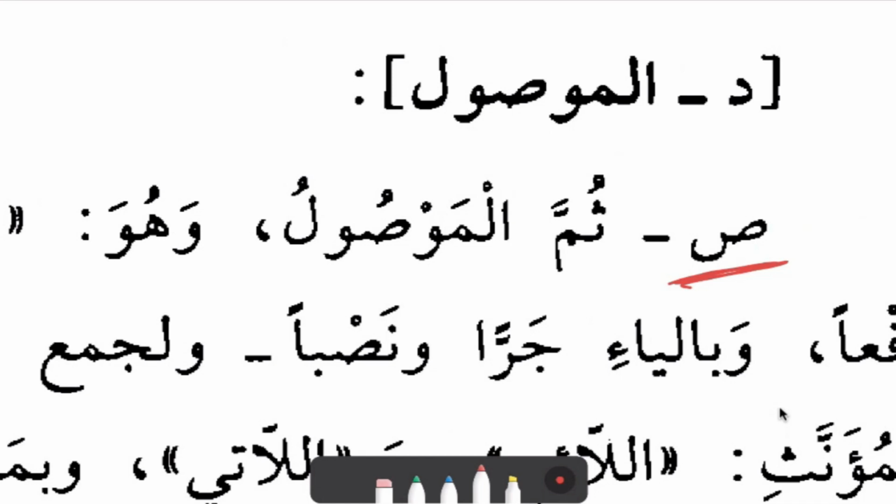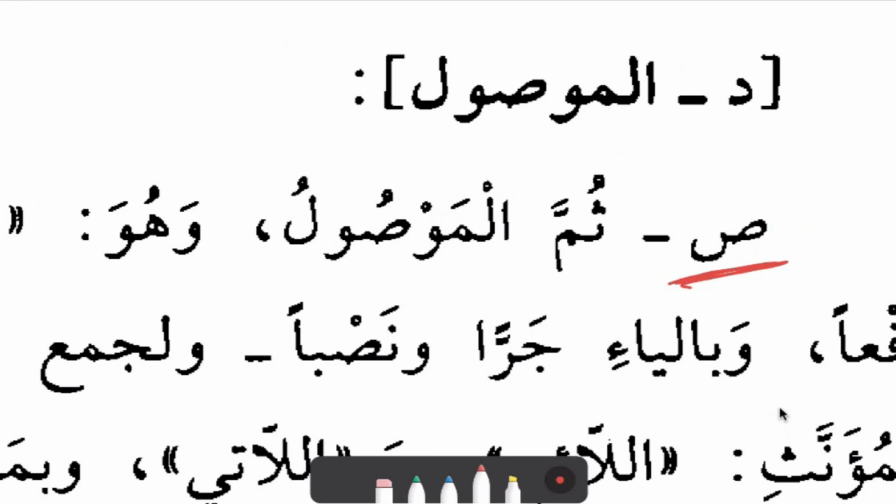So we talked about ad-dama'ir, pronouns. Then we talked about al-a'lam, proper nouns, which are names, monikers, etc. Then we talked about ismul ishara. That's an idafa, by the way.